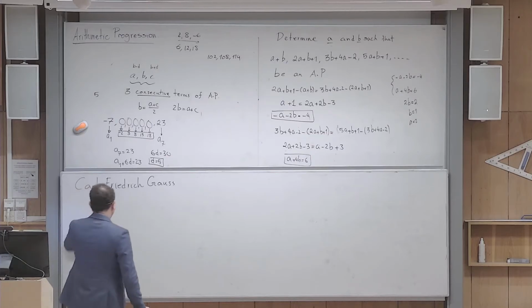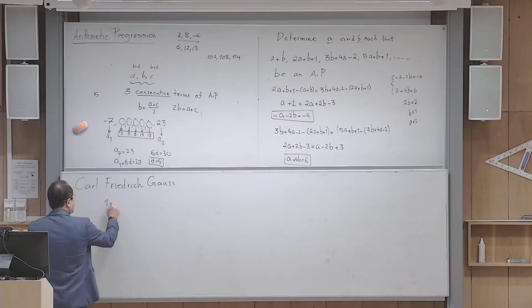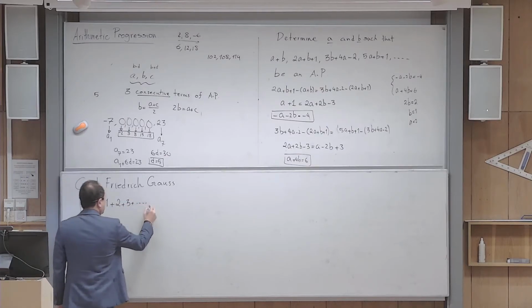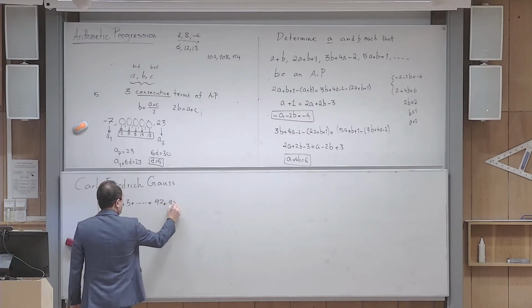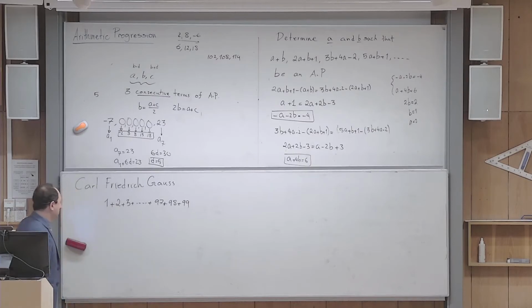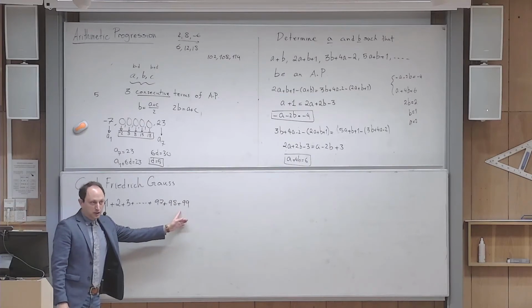So what he did, let us keep it up to 99 because it makes this a little bit smoother. The goal is to add 1, 2, 3, and continue this list to 97, 98, and 99. You can also add 100 at the end if you want. What he realized, at the age of 6, is that it doesn't matter if I add them in this order or reverse the order.